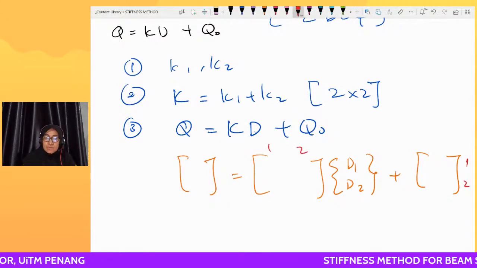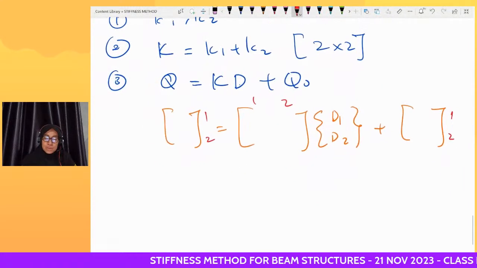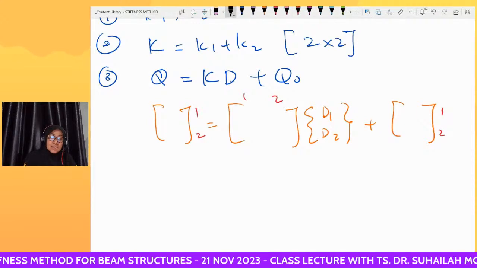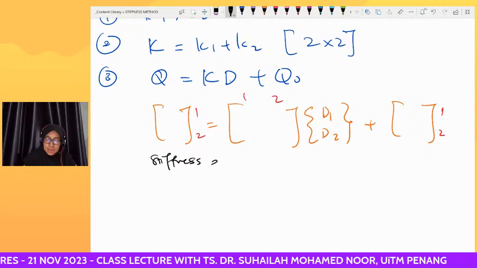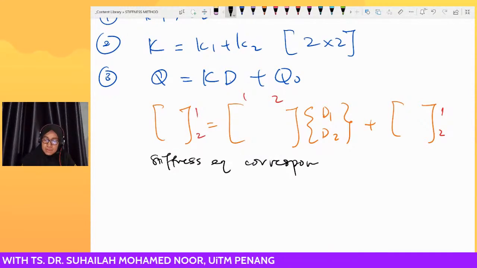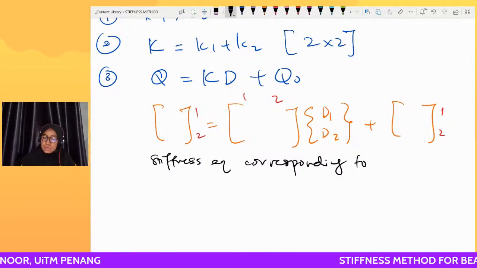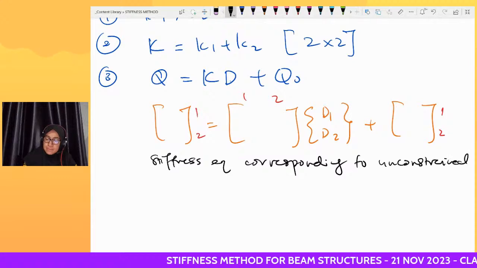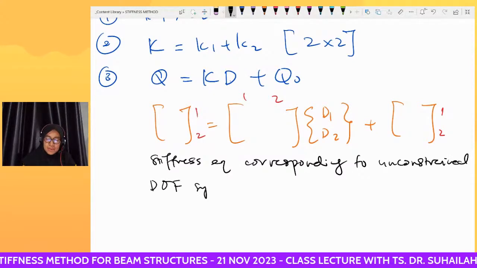This is called the stiffness equation corresponding to the unconstrained degree of freedom system.